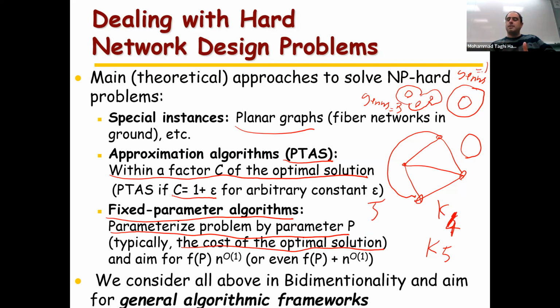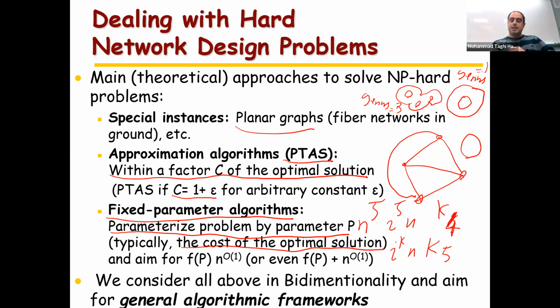One possibility is to try all possible choices: if there are n places in the city, you try all n places, and the running time would be n to the 5. You want algorithms which are much better in that sense, something like 2 to the 5 times n, or in general 2 to the k times n. These are the fixed parameter algorithms that we are talking about.